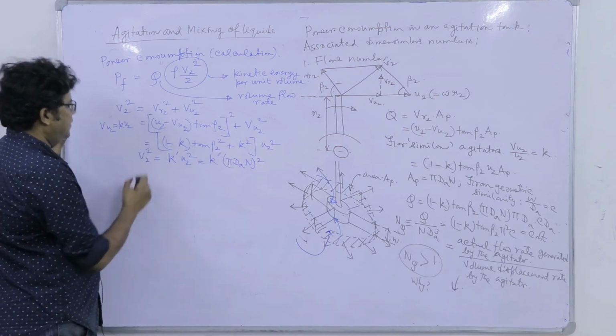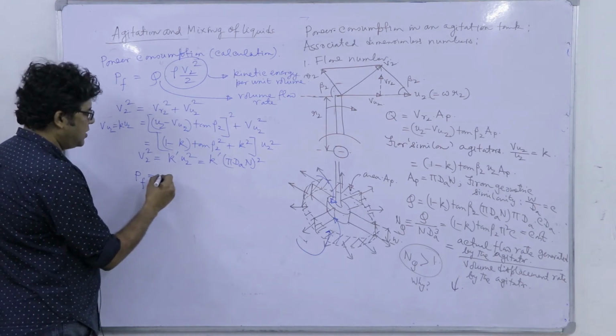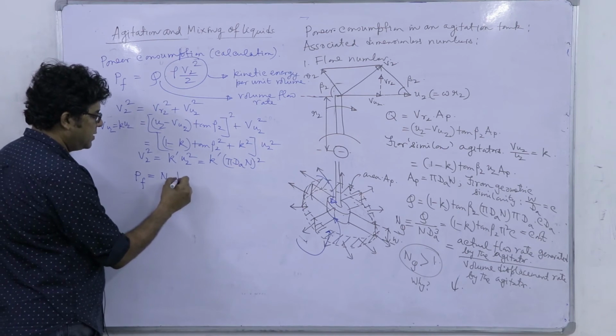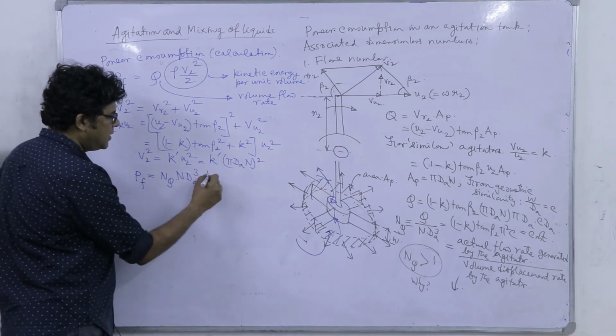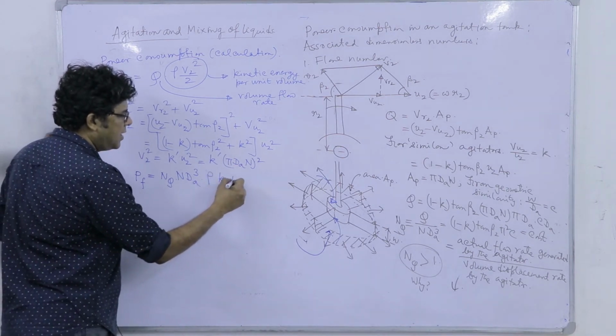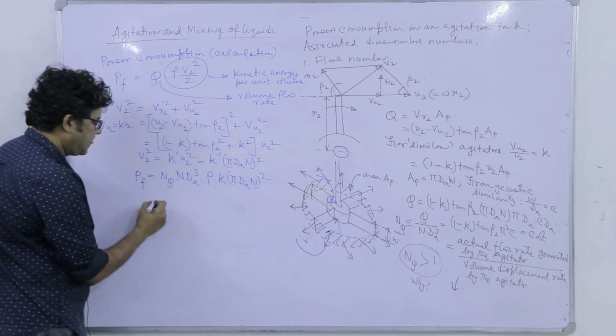So K prime into (pi into dA into N) whole square, V2 square. So PF, the power supplied to the fluid, is equal to Q, where Q is basically NQ, the flow number, into N into dA cube, into rho into K prime into (pi dA N) whole square.